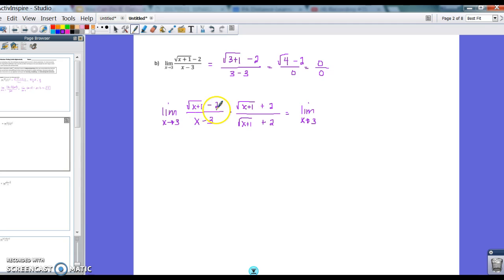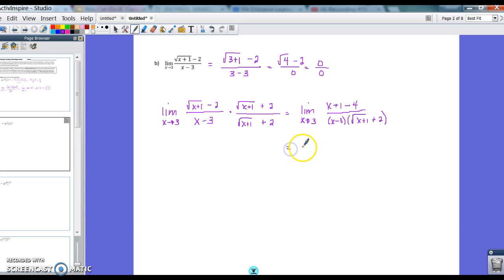Because they're conjugates, I can just multiply the first 2 terms together and the last 2 terms together. So square root of x plus 1 times square root of x plus 1 gives me x plus 1, and then -2 times 2 gives me -4, over, and I'm going to leave this factored. I'm not going to distribute it, and you'll see why in a second.